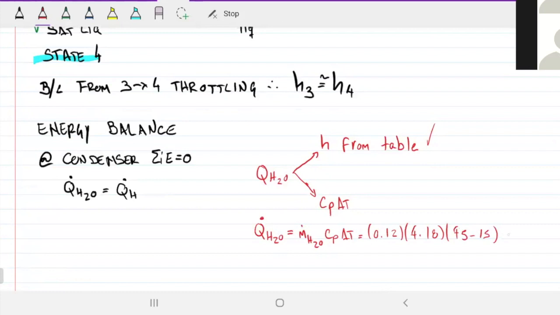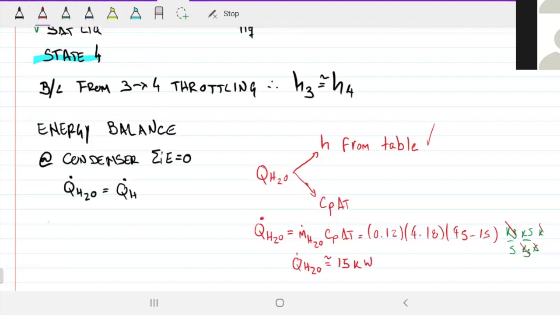Kilograms per second, kilojoules per kilogram Kelvin. Kelvin goes away with Kelvin, kilograms with kilograms, leaving kilojoules per second, kilowatts. So the energy of my water is about 15 kilowatts.